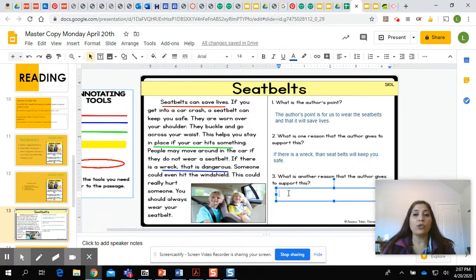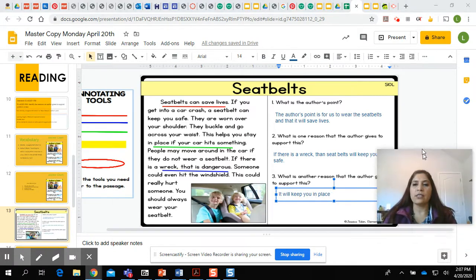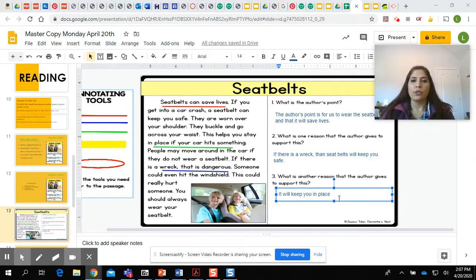Another one is you will not be able to move around in the car if you're wearing the seatbelt. It will keep you in place right here. Do you see the underline that I wrote? I underlined it. This helps you stay in place if your car hits something. So it will keep you in place.